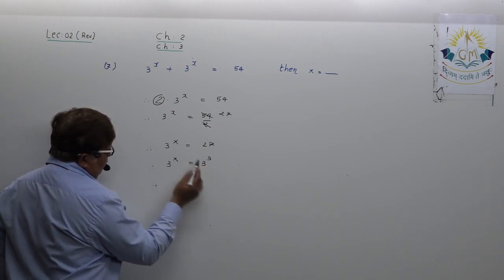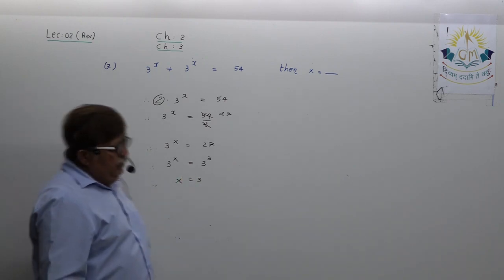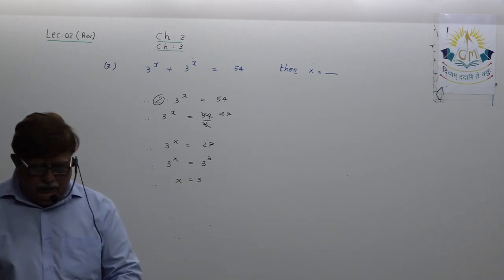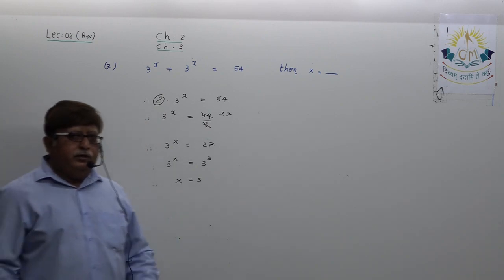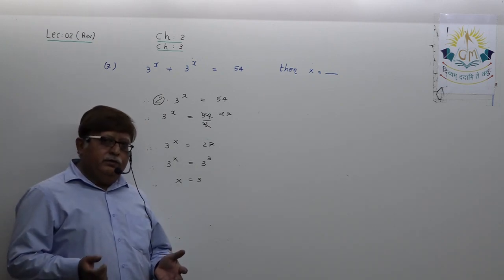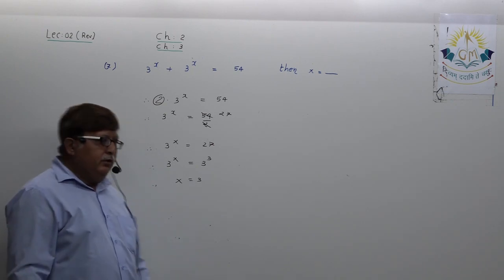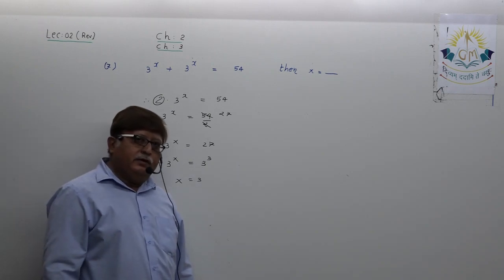The bases are equal on both sides of the equal to sign, so the powers can be compared. What is the answer? x equals 3. So this way also a variety of examples can be designed to confuse you. Understand? But if you stick to the basics, you will be able to solve such examples quite clearly.